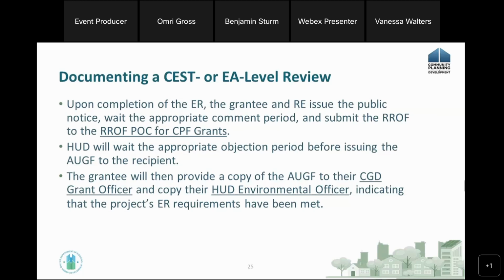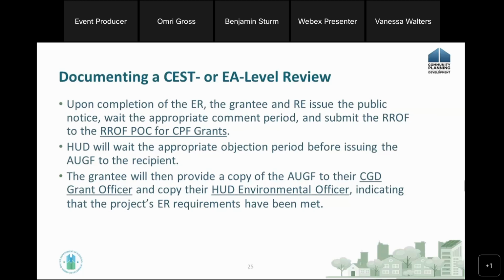So in HEROS, there is a specific authority to use grant funds screen, and HUD will complete the screen in the system. They will not issue a separate paper-based authority to use grant funds form to either the responsible entity or the grant recipient.